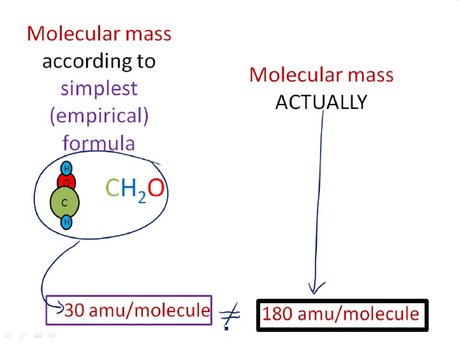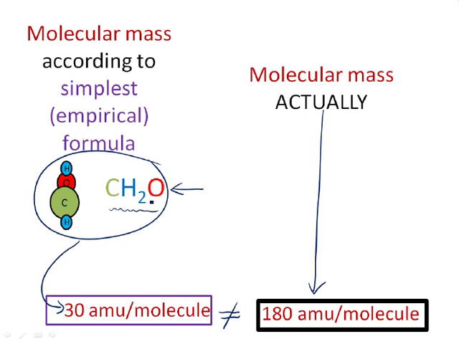These 2 values are not equal. What does that tell you? It tells you that this formula is not the truth. Although the ratio is right, 1:2:1, the actual numbers 1, 2, and 1 are not right. If they were, then they would give the right mass for a whole molecule, but they don't.